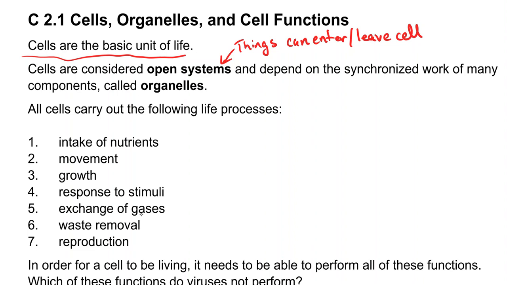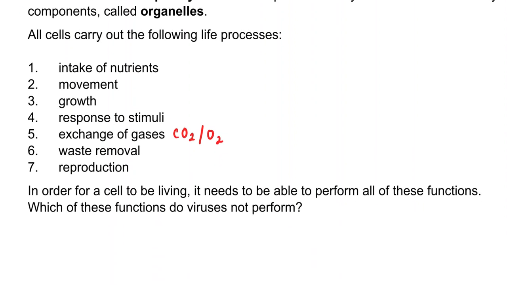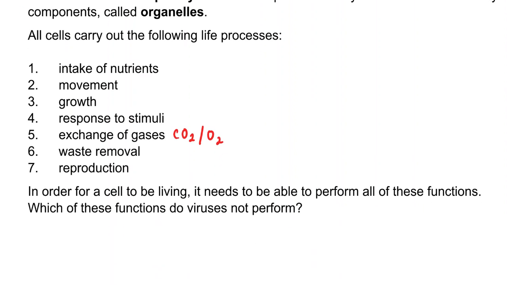Has to be able to exchange gases such as carbon dioxide and oxygen. Has to be able to remove wastes, just like you. A cell is going to make waste, and if the waste builds up, it becomes toxic for it. And then a cell needs to be able to reproduce. In order for a cell to be living, it needs to be able to perform all of these functions.